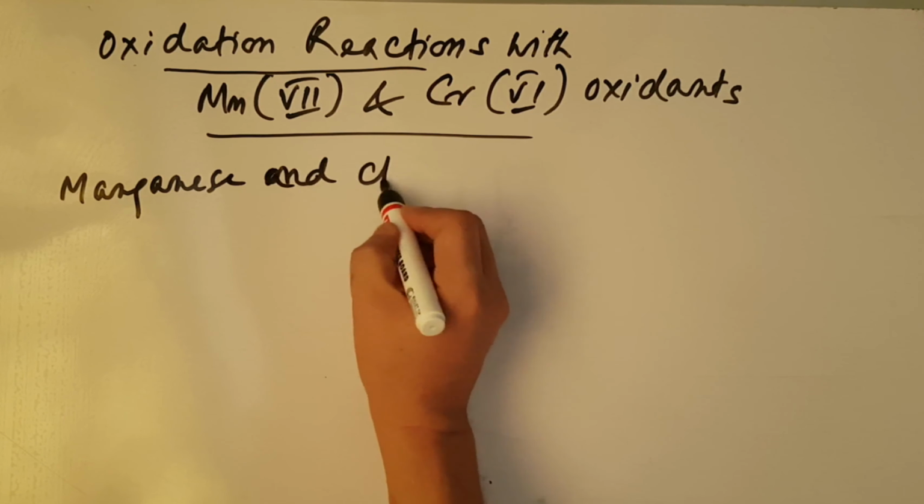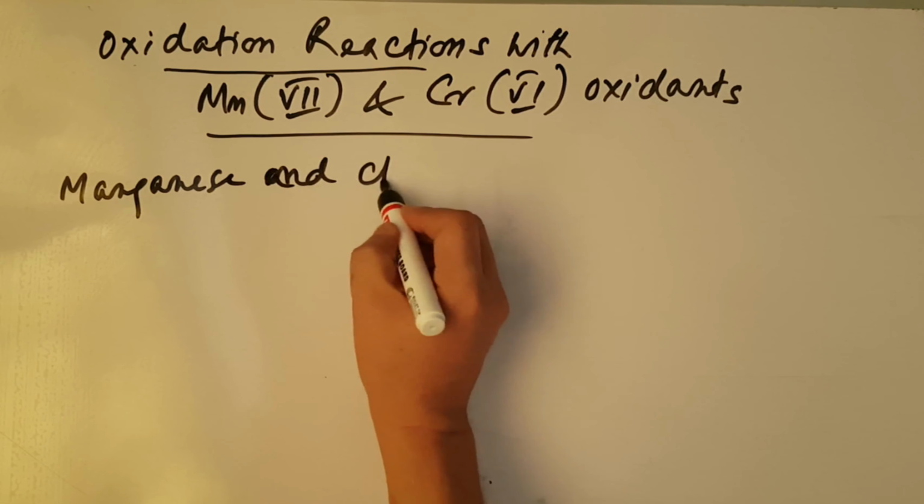By the color change, you can tell whether the reaction is finished. Today let's take up first the oxidation reaction with potassium permanganate.